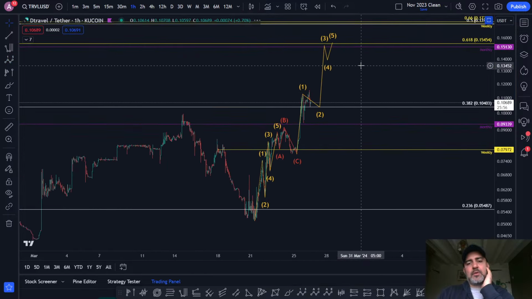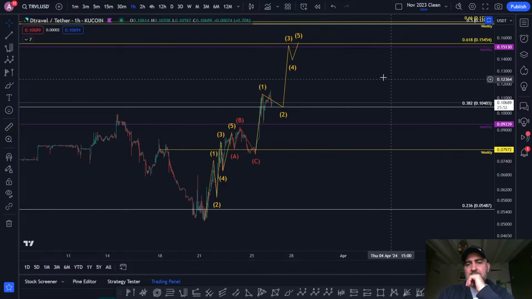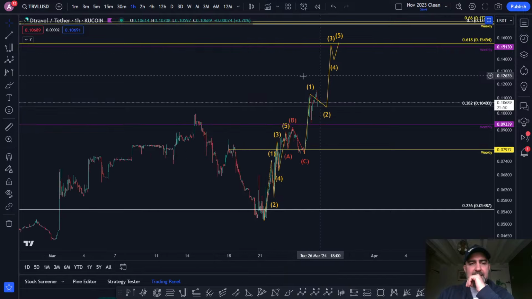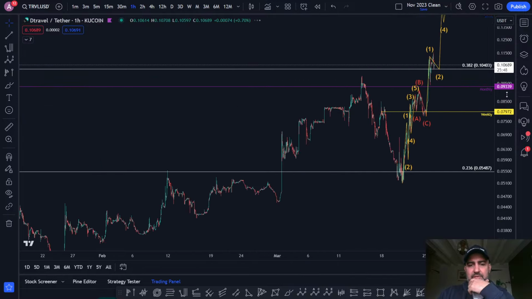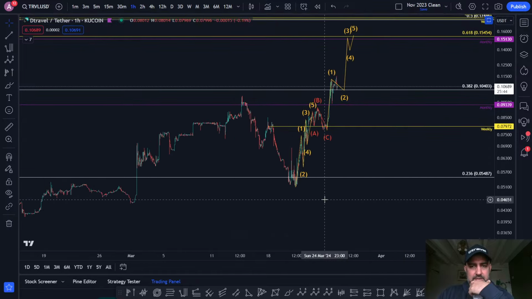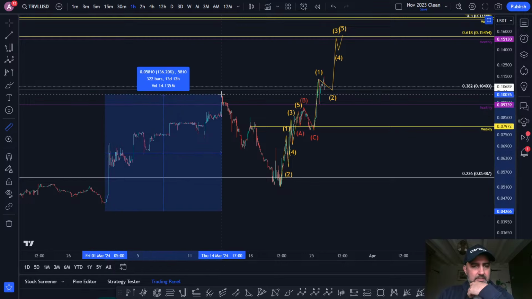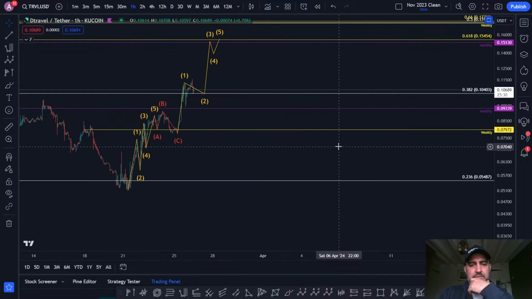And then one more correction, and then one more. This is the wave 5. So I'm just keeping a real close count of this last wave. This one here to here, how long did that last? It lasted 322 bars on this time frame.